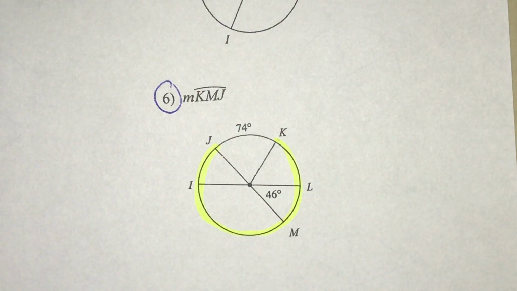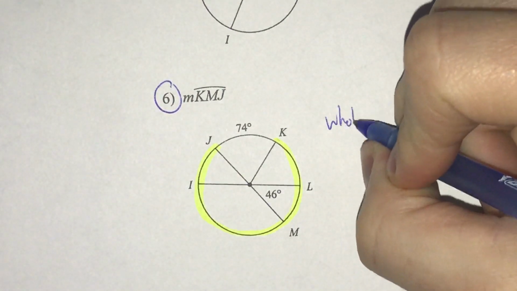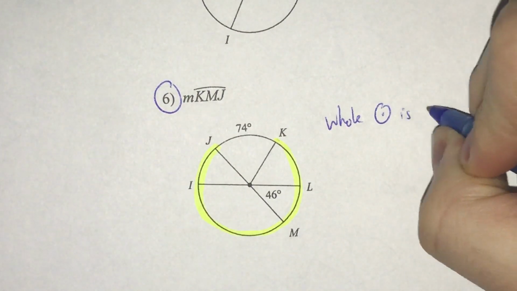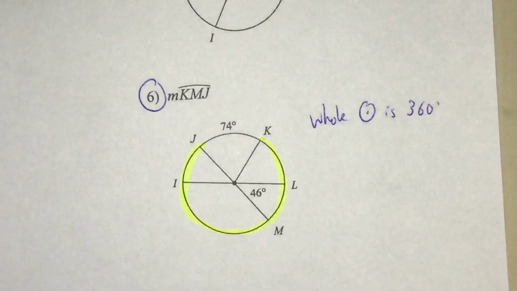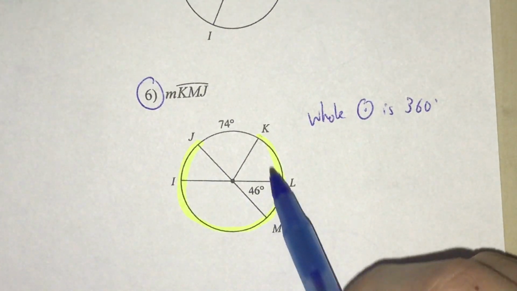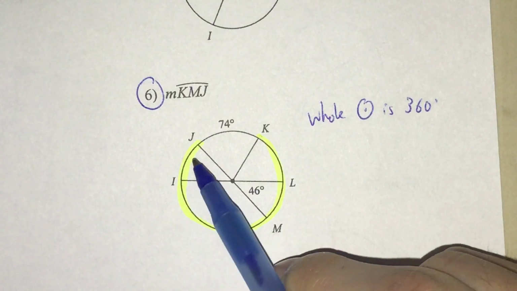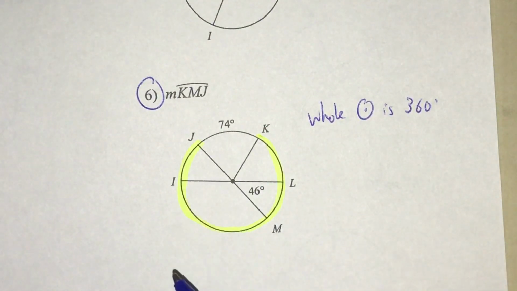But if I'm thinking smart, I know a whole circle is 360. I want basically everything from this arc other than the 74. That's not part of what I want.